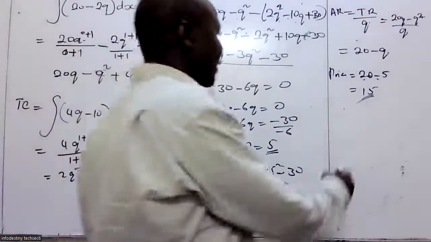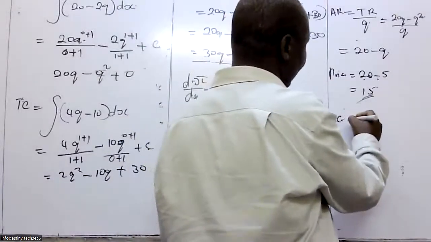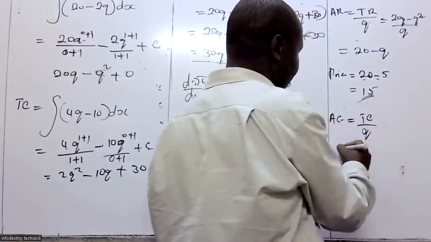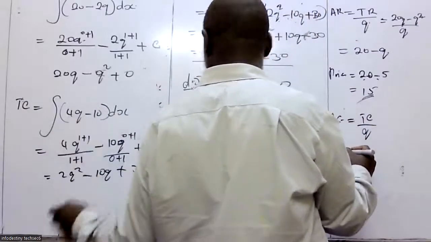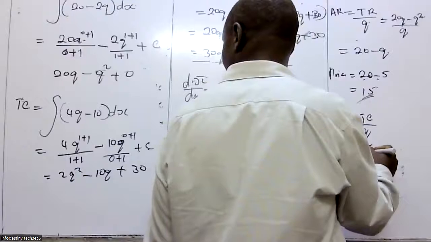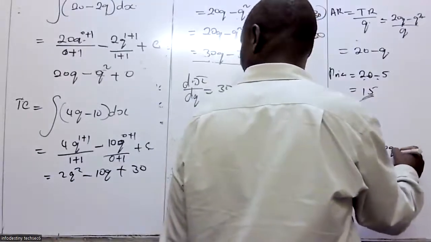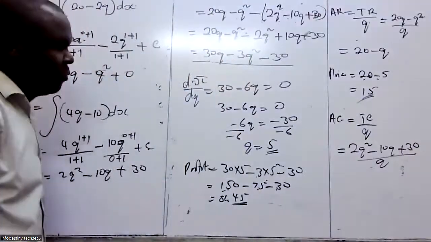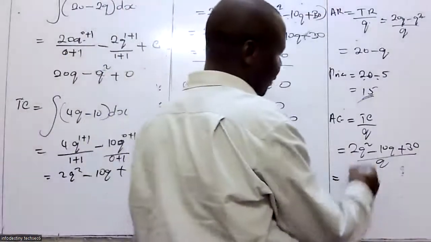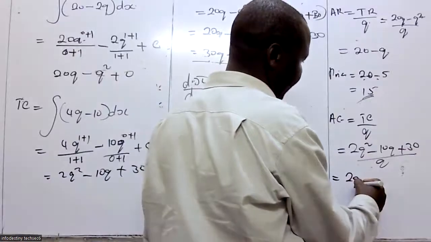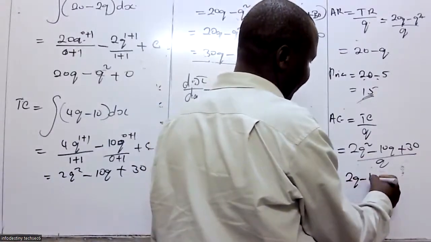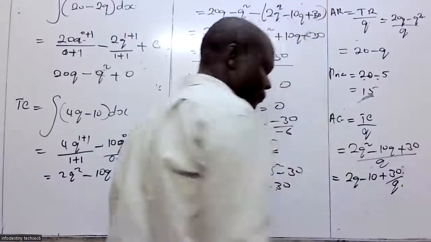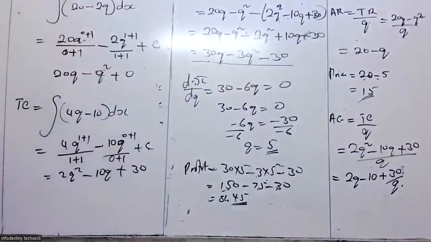So average cost will be equal to total cost over quantity, and that's going to be 2Q squared minus 10Q plus 30 divided by Q. Then that's going to give us 2Q minus 10 plus 30 over Q. That is the average cost.